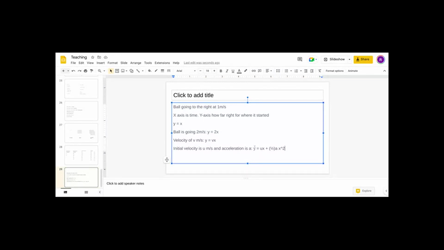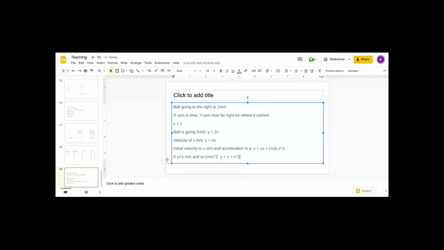Now, do you know how the plot of this looks? If I were to draw it, how will it look in a graph? So let me put u is equal to 1 and a equal to 1. So if the initial speed is 1 meter per second and a is equal to 1 meter per second squared, then I get y is equal to x plus x squared.